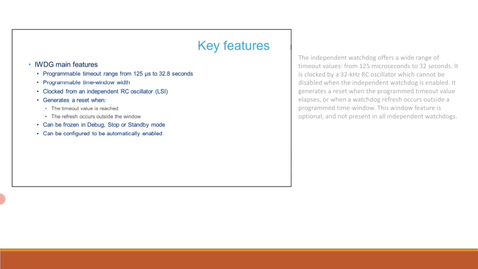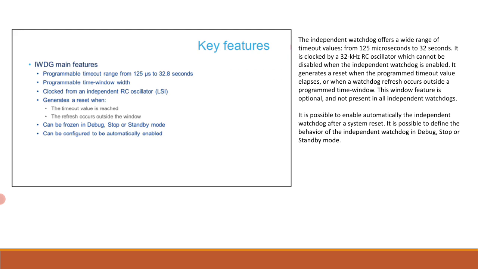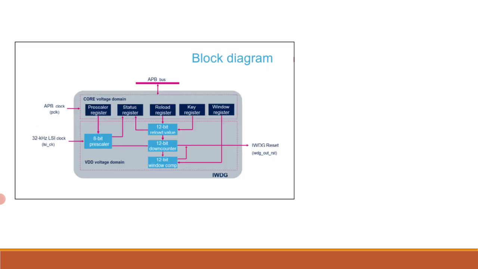The independent watchdog registers are located in the core voltage domain, while its functions are in the VDD voltage domain. Let's have a look at the block diagram, then you will understand this. As I was saying, the independent watchdog registers are located in the core voltage domain, while its functions are in the VDD voltage domain.